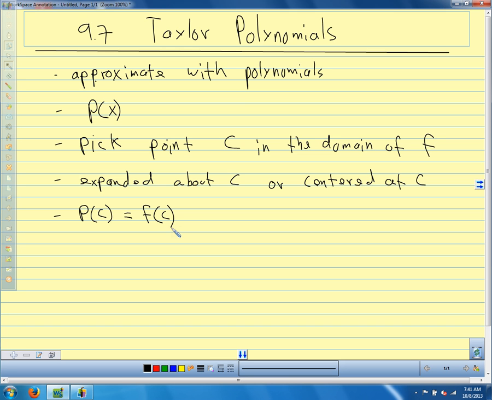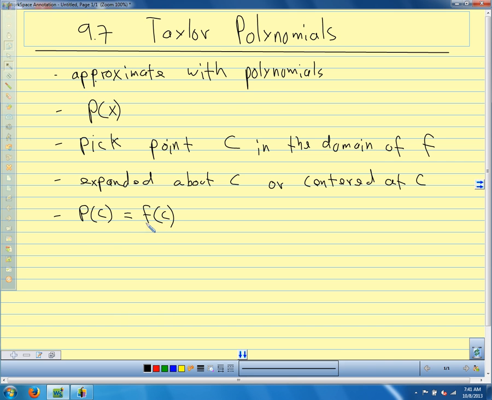Then we come back later and want to know where that point is on the graph of our function. Well, our easiest first guess is to start with where it was before. So that's why we're saying the polynomial equals the function. We're starting with where it was before.